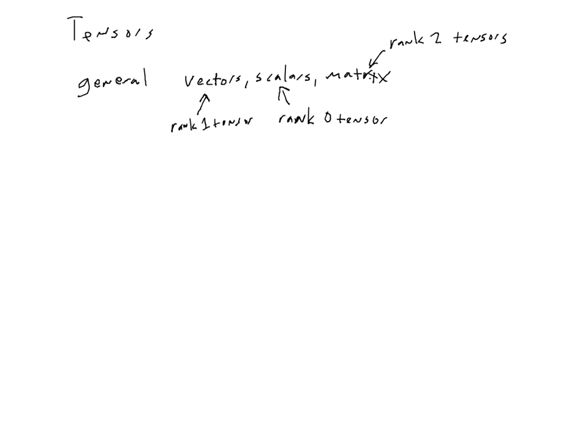The basic idea then is that if you have a vector A_j and you contract that vector with the matrix M_ij, so we're summing over j, the result is going to be a new vector.